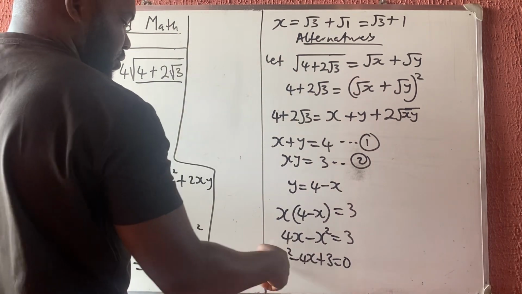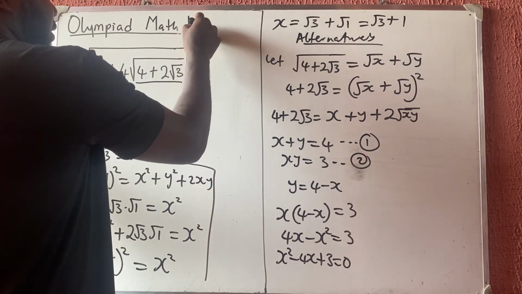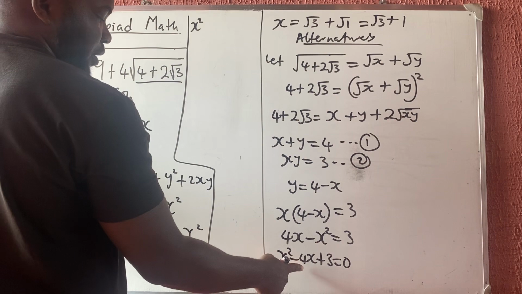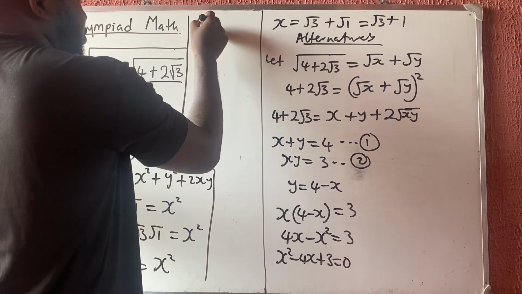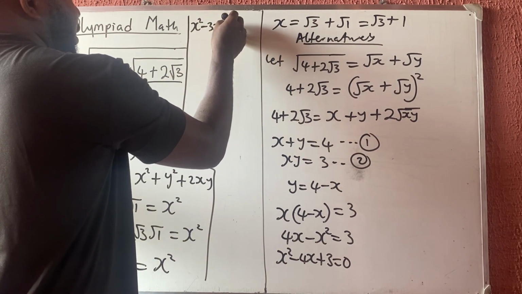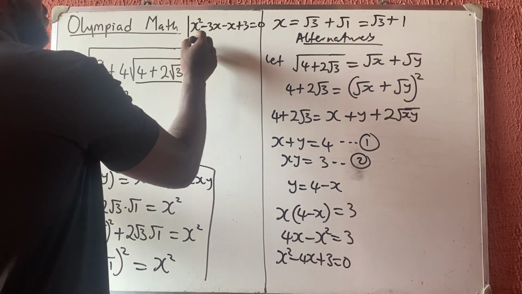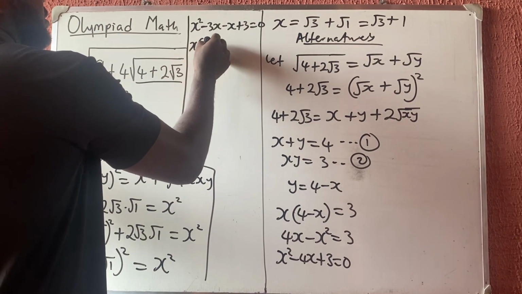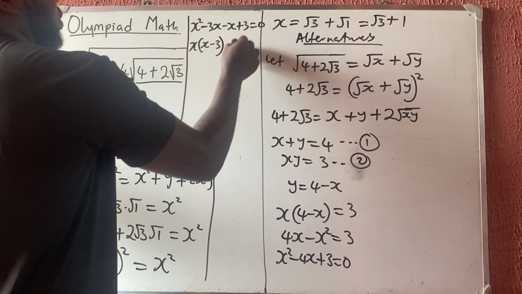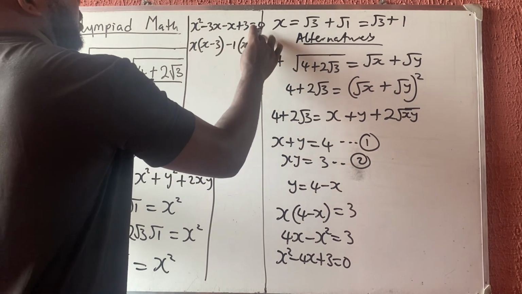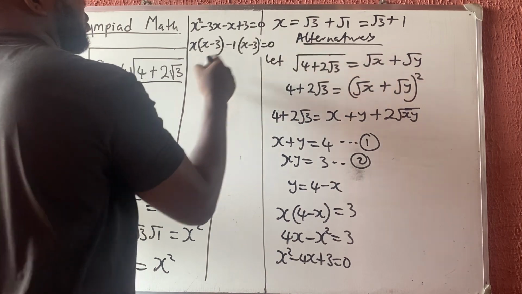So this will now give us x squared, this is minus 3 minus 1, so minus 3x minus x, then plus 3 is equal to 0. So now this is x into (x minus 3) minus 1 into (x minus 3) is equal to 0. So what do we have?